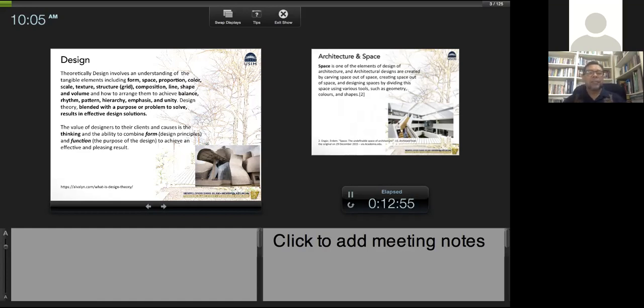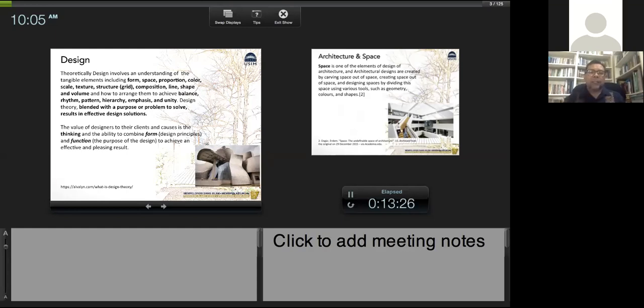So this is another difference, if we can say, between graduate architects and graduates from a polytechnic or any institution that has not gone through the process of designing.